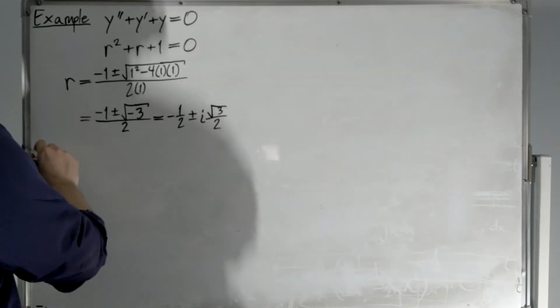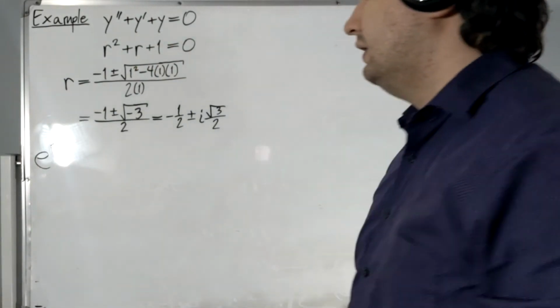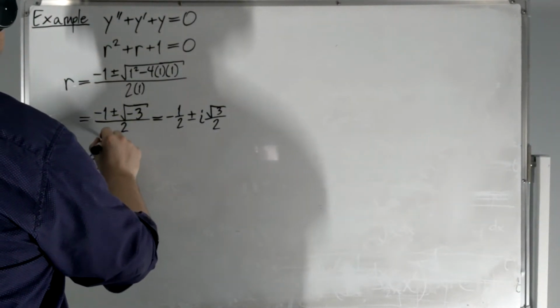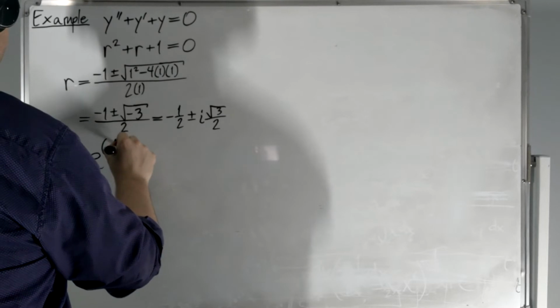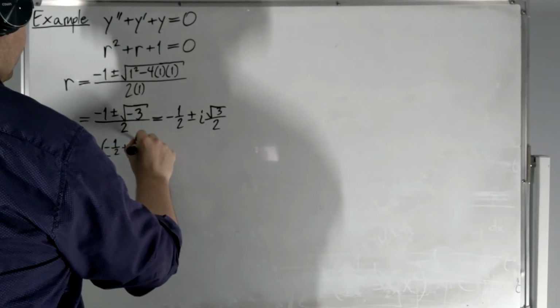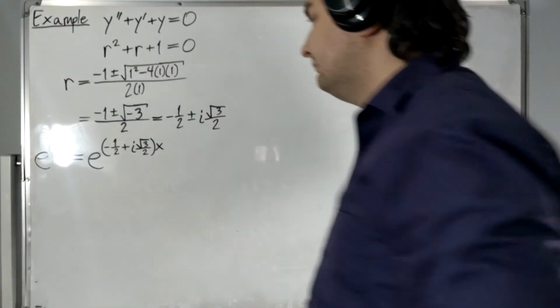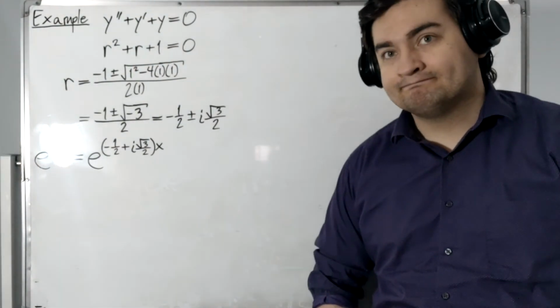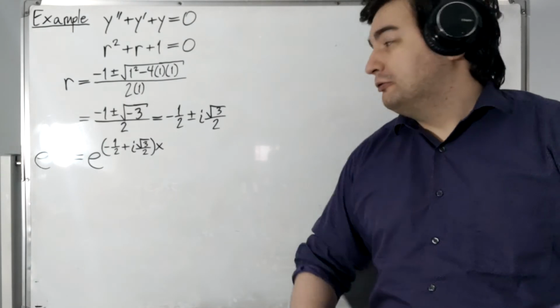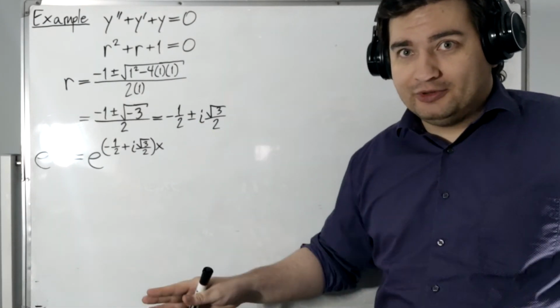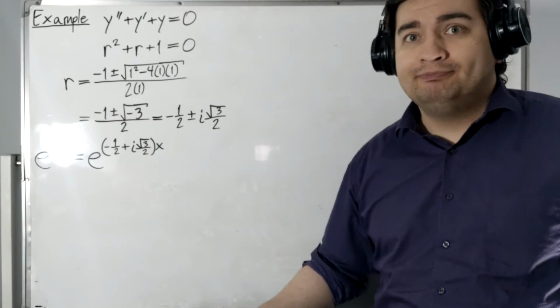We put this into e to the rx, which in this case is going to be e to the negative 1/2 plus i root 3 over 2, x. Again, we need only take the plus. Don't bother with the minus, it's going to give you the same information.